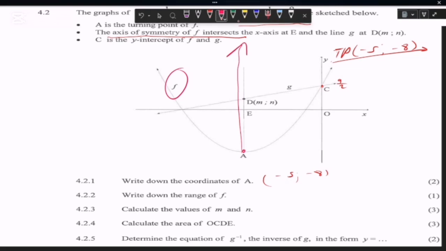In other words, there is no possibility for a y value to be below A, because we don't have any graph below A. So our range will be y is greater than or equal to -8, which is basically the y value at point A.